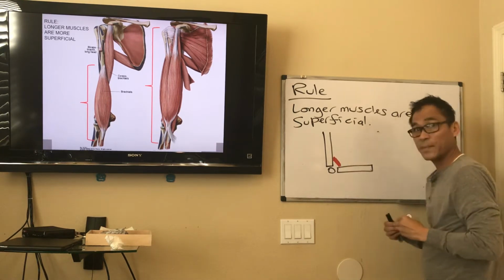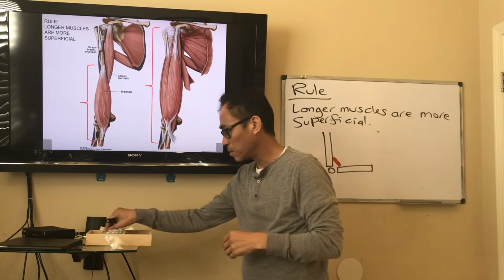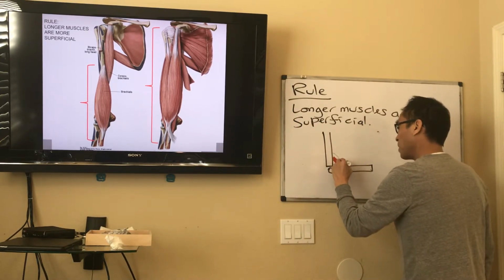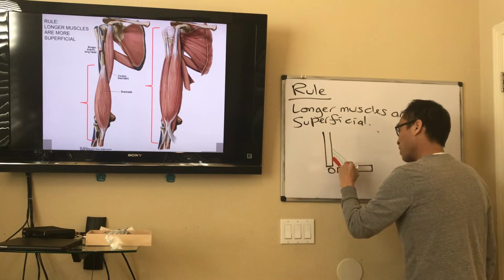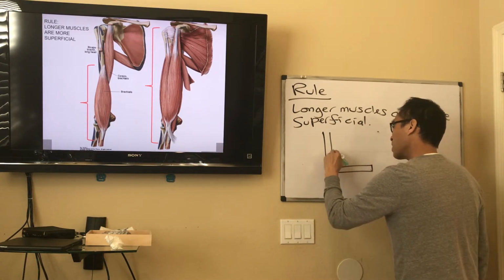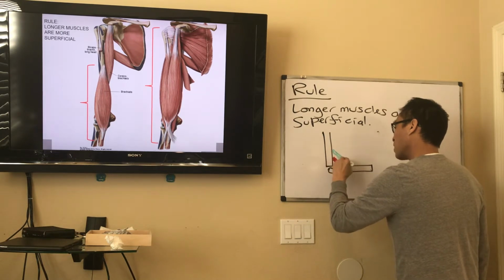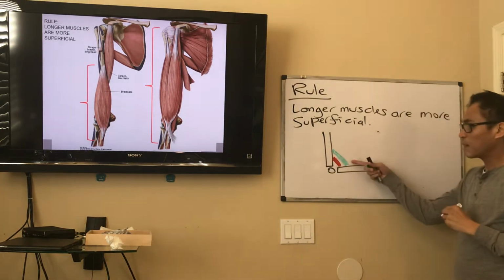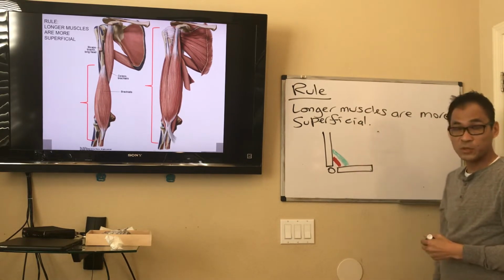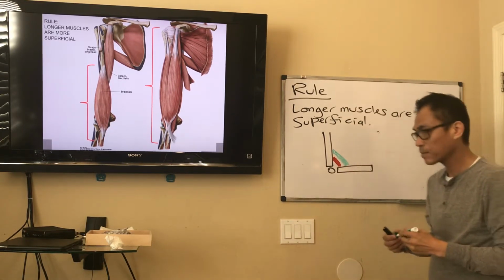Well, if another muscle is going to be on top of it, more superficial, wouldn't it have to be longer in length? Pretty much, longer muscles are more superficial. They have to be longer to be more superficial across the joint.